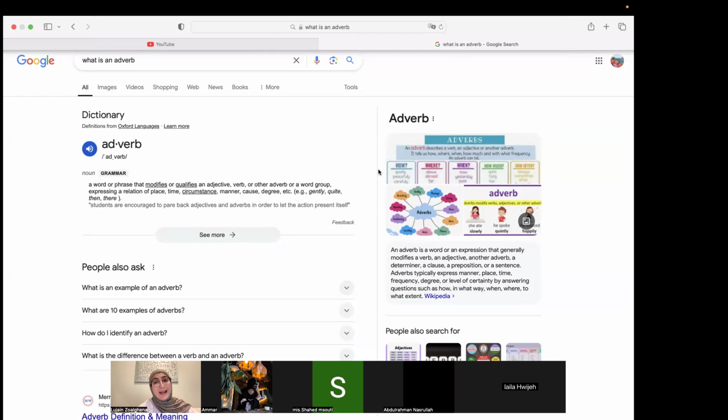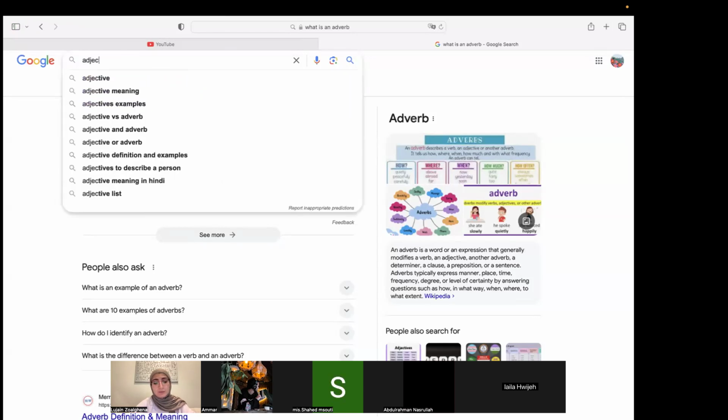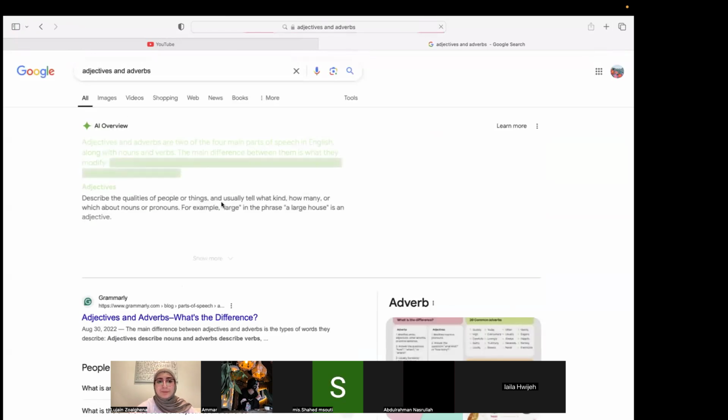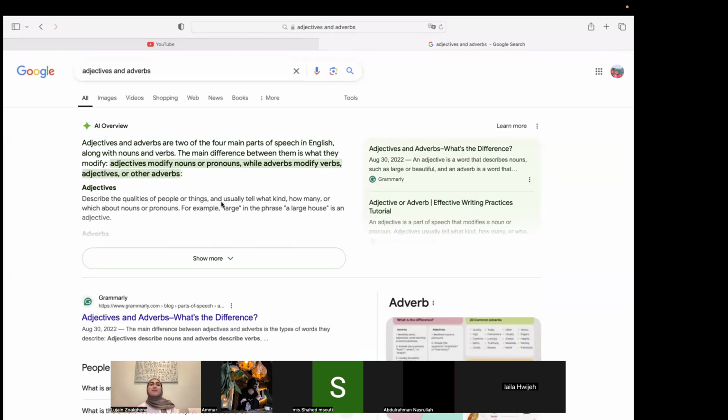So what is the difference between adjectives and adverbs? The adjective describes the subject, the noun. But the adverb describes the verb or helps the verb. They modify verbs.